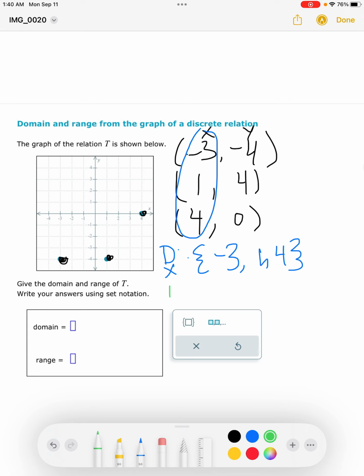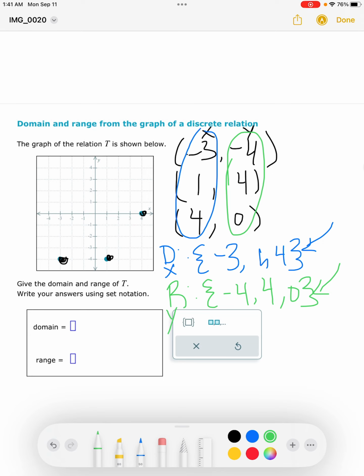Then I do the same thing for range. I have my range, which is my y values. What are my y values? Well, I already listed them out. I have -4, 4, and 0. And there you go. You just told me what are all the possible x values, and then what are all the possible y values if you gave me this graph.